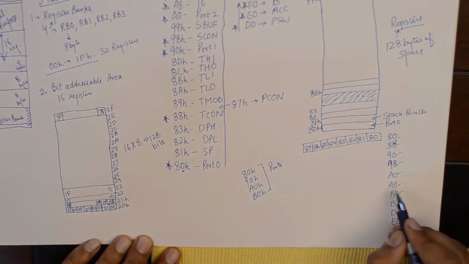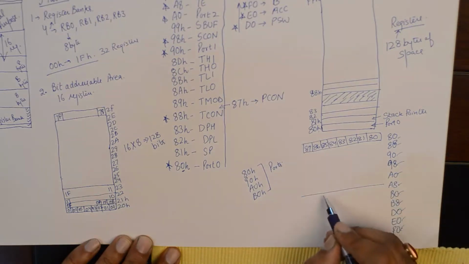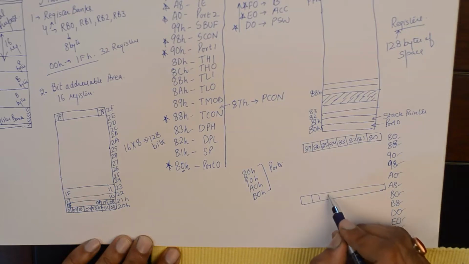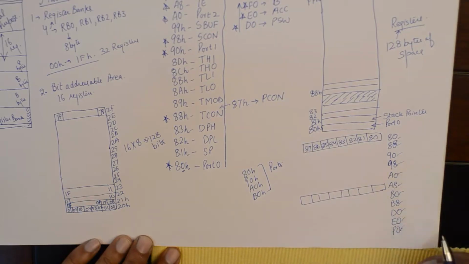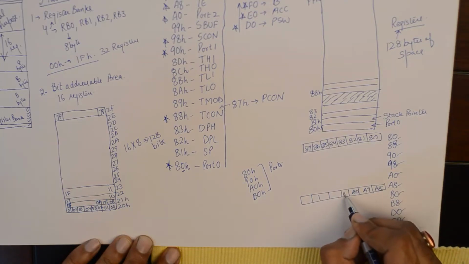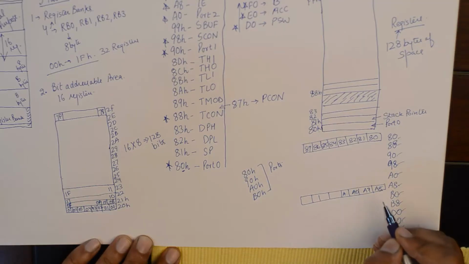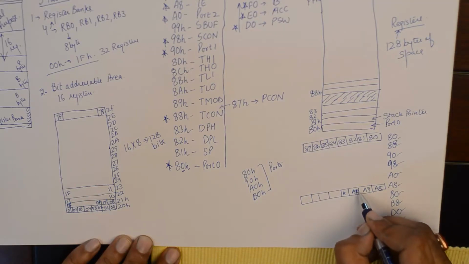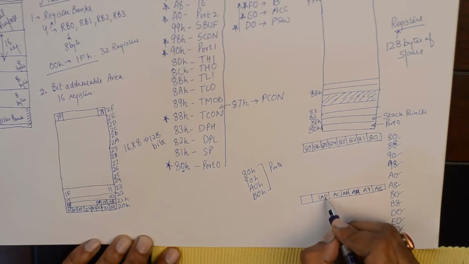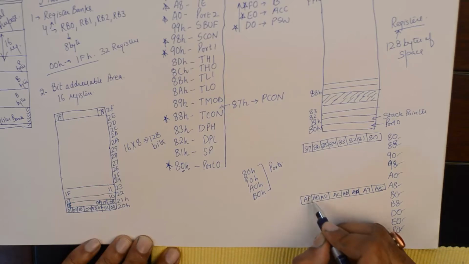I'll take up a random example, A8. So you first draw a register and write down A8, and then it will be A9, AA, AB, AC, AD, AE and AF.